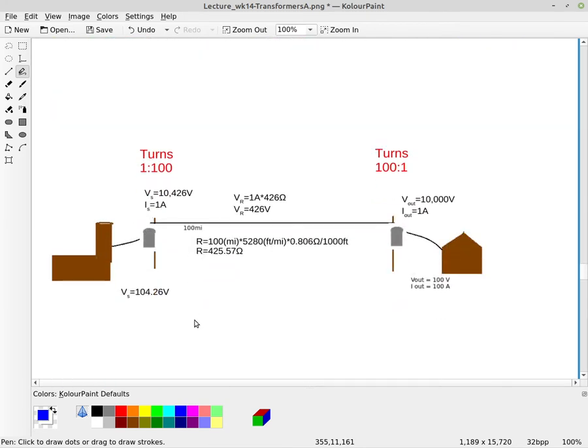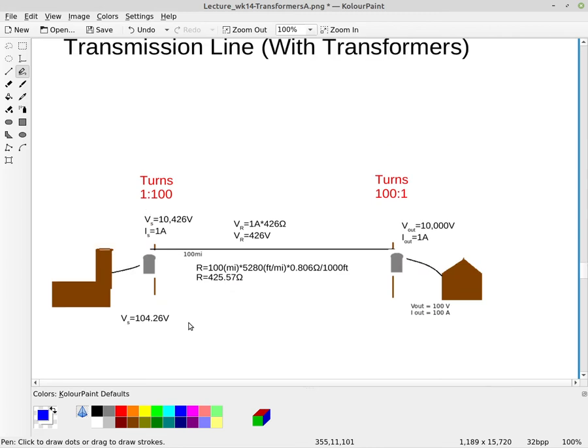All right, so let's see what happens if we have a transformer. Now, this is assuming an ideal transformer. An ideal transformer means that there is no loss, which means that the power in is equal to the power out.